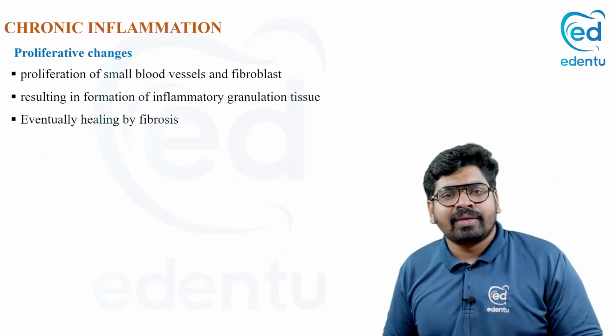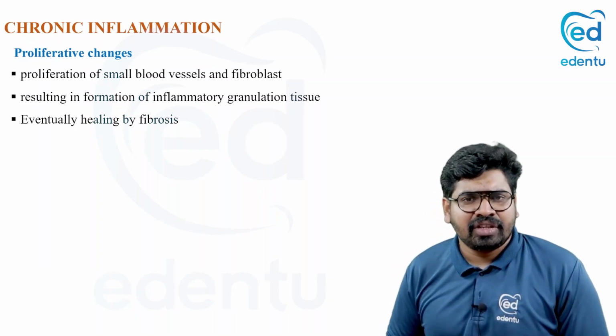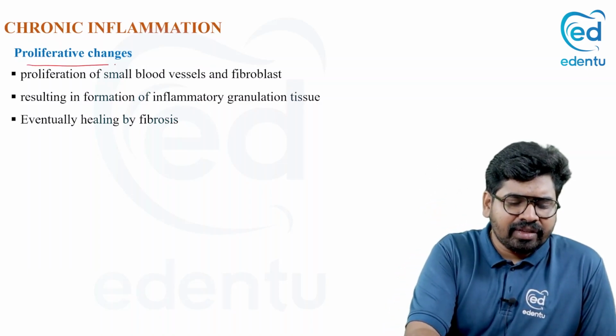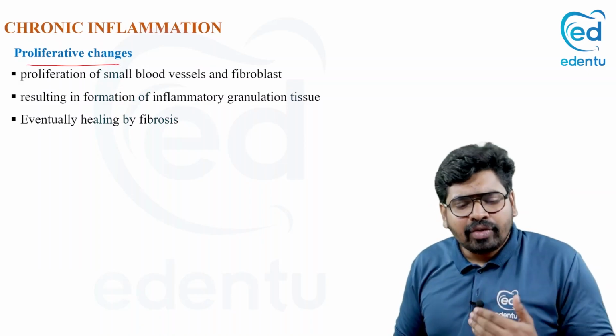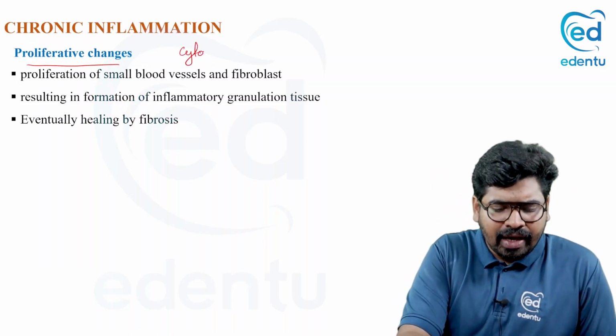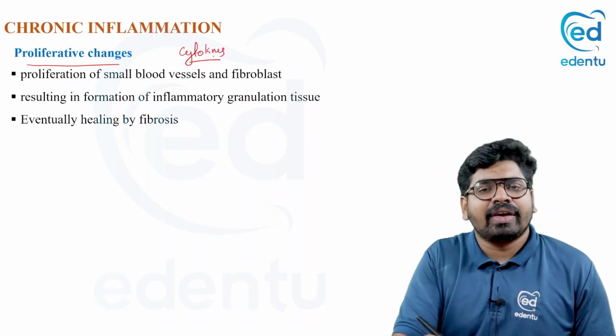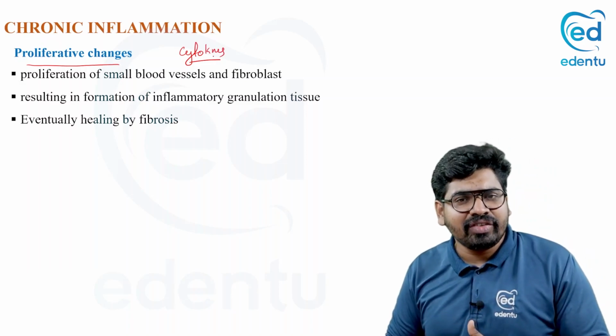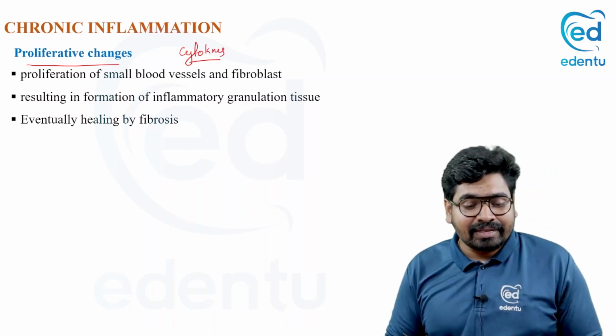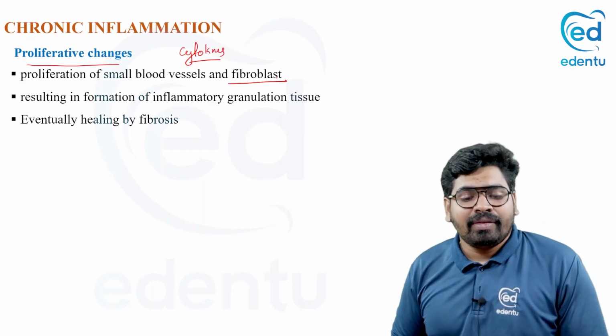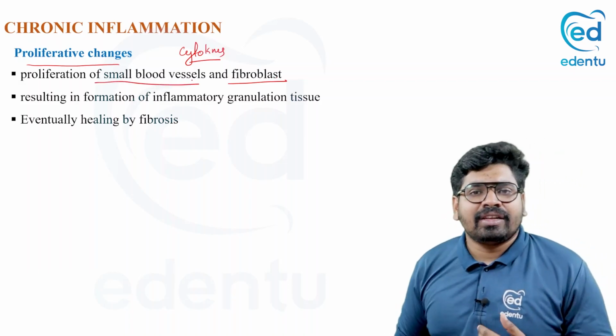Now what next? The proliferative changes. What are the proliferative changes? The cytokines from the activated monocytes or macrophages will stimulate other cells like your fibroblasts. They will stimulate the blood vessel endothelial cells.